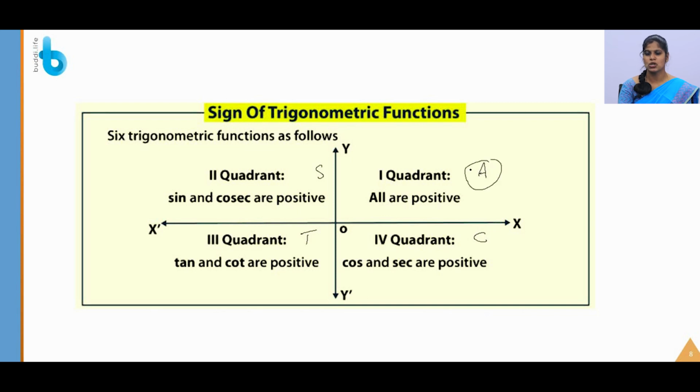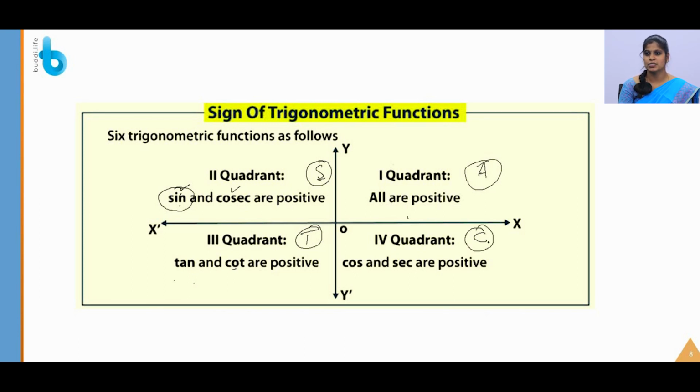That is, All means all the functions are positive in the first quadrant, and the first letter is S. So S is for sine function, the sine function and its reciprocal, the cosecant function, both are positive in the second quadrant. T is for tan: tan and its reciprocal cot are positive in the third quadrant.